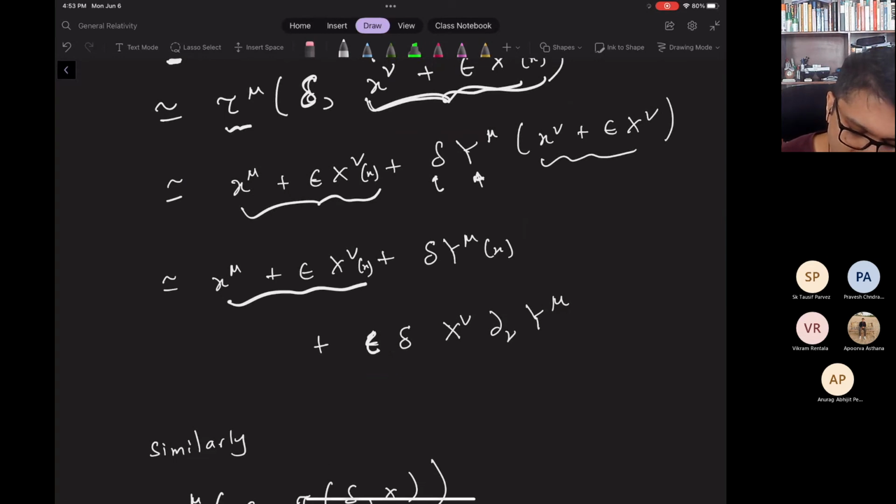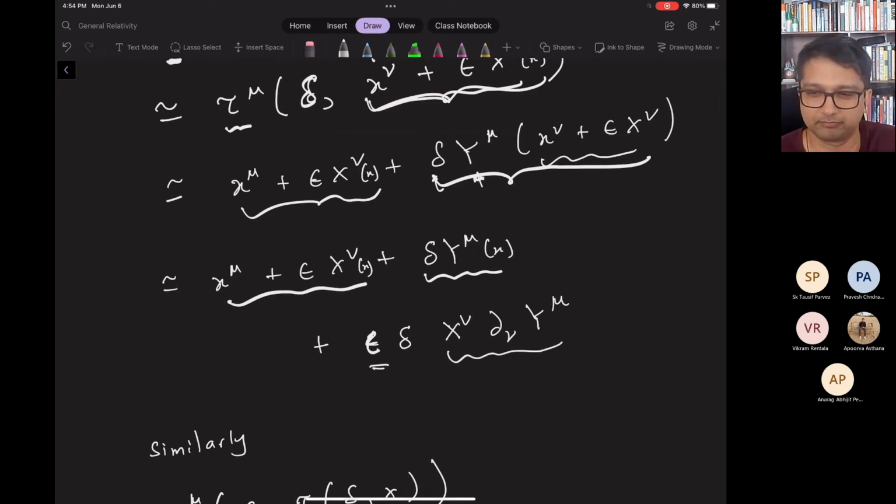This part is from here, plus now I have this extra contribution, which again I can Taylor expand for small epsilon. The first part is just delta Y^μ(x). The second part is epsilon delta times X^ν ∂_ν Y^μ.